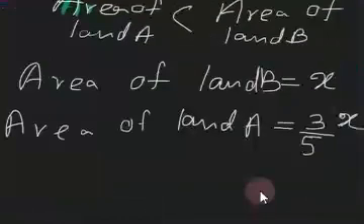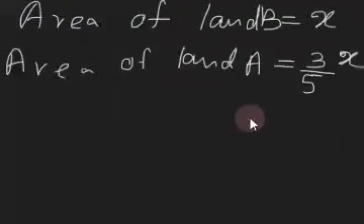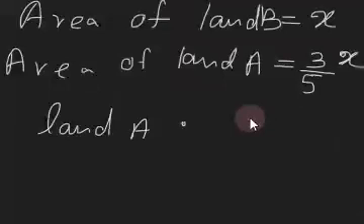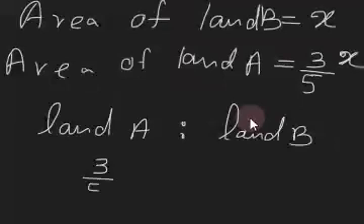So I write the ratio like this, land A to land B. Here the land A area is 3/5 x, and here x. Now you can't keep the ratio like this with a fraction value.